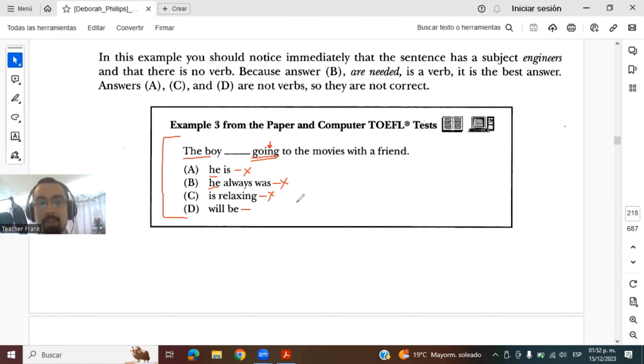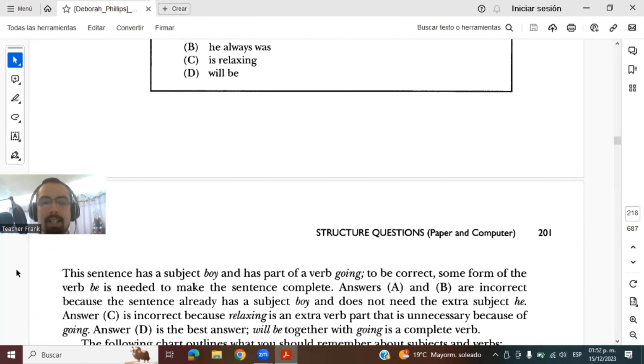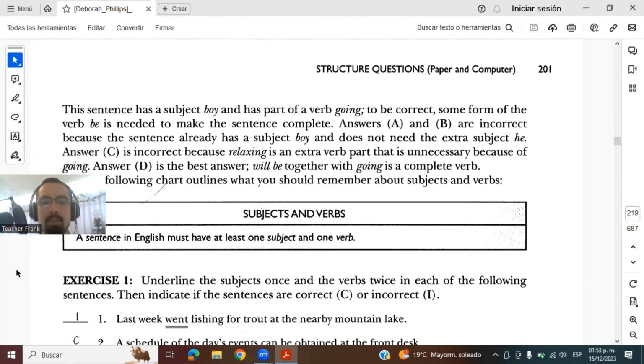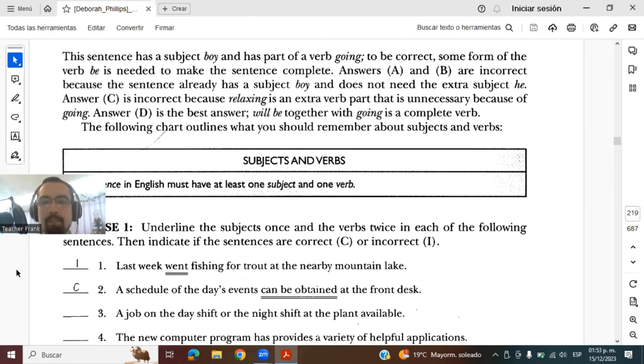I mean, you're going to the movies maybe to relax, right? Or you're relaxing before you go. So the boy will be going to the movies with a friend is the correct answer. D. Let's just confirm this down here. The sentence has a subject, boy, right? And where does it say which one is correct?